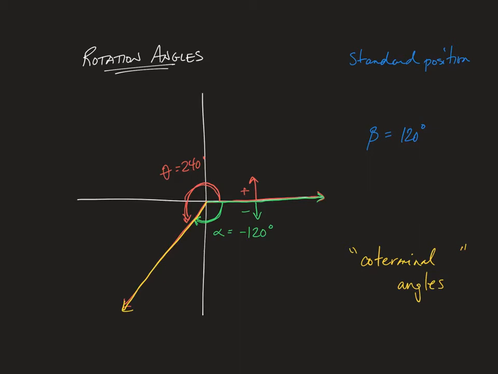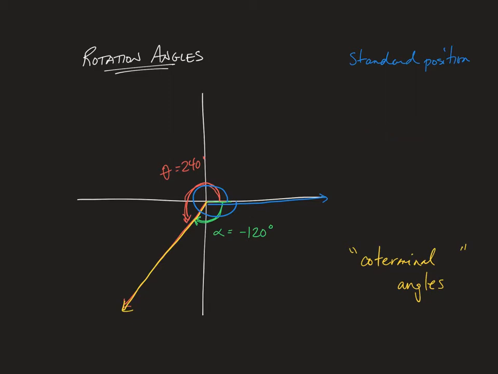If I get rid of a little bit on those axes and say instead I start in my initial position and rotate my terminal arm a larger angle, I may rotate all the way around one full rotation, just to get back to that initial position.